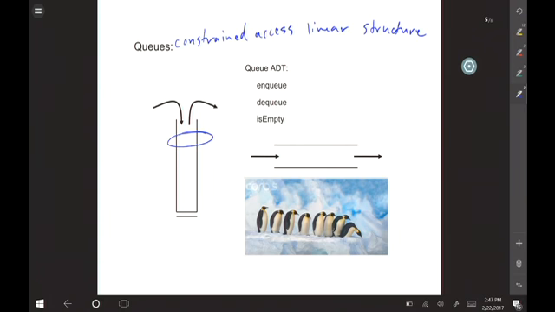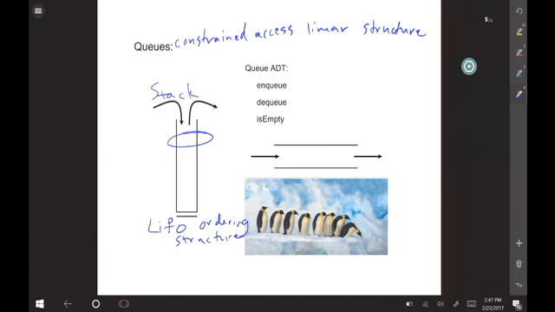In fact, there is a kind of mnemonic that we use for stacks called a LIFO. We call stacks a LIFO ordering structure, where LIFO stands for last in, first out.